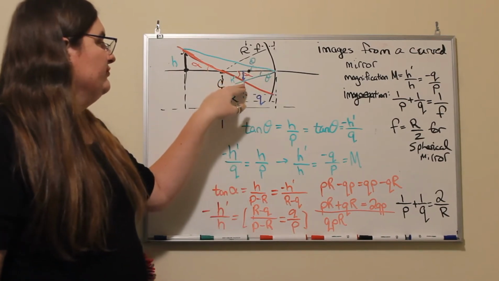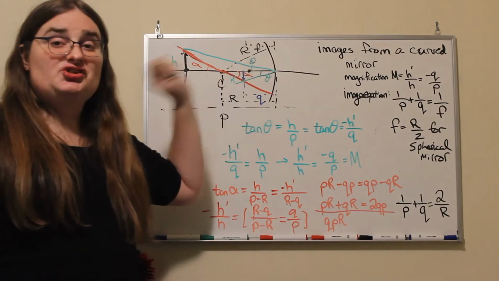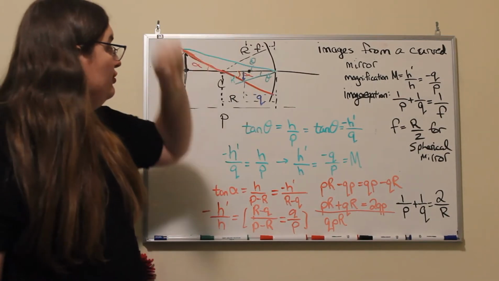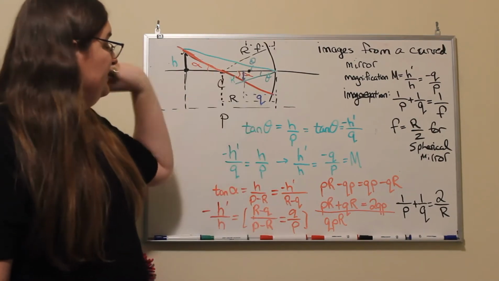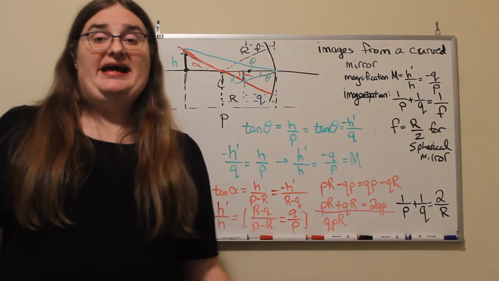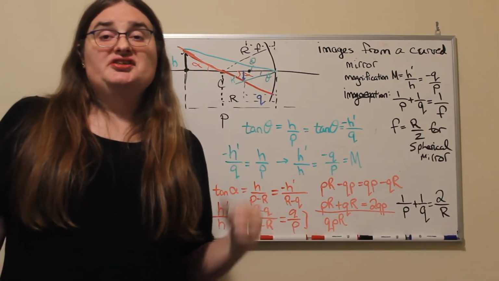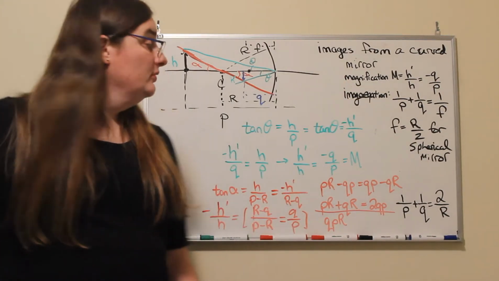Now, where the green and red ray intersect, we get an image that would start at our principal axis and go to that intersection point. Our image is something that's flipped upside down. So real images from a single mirror end up flipped upside down.